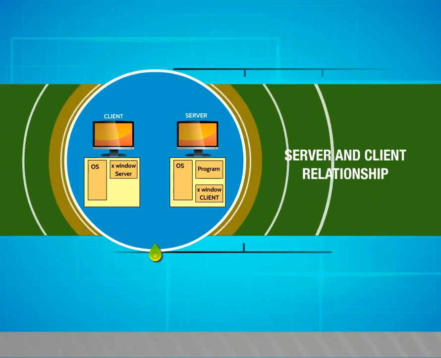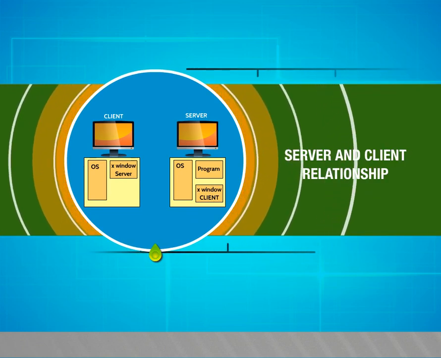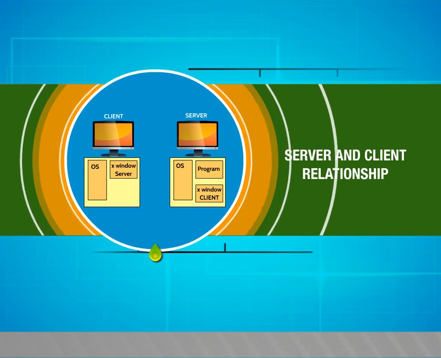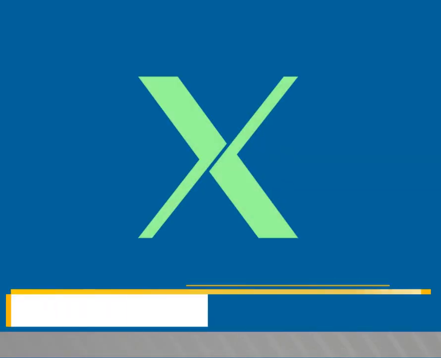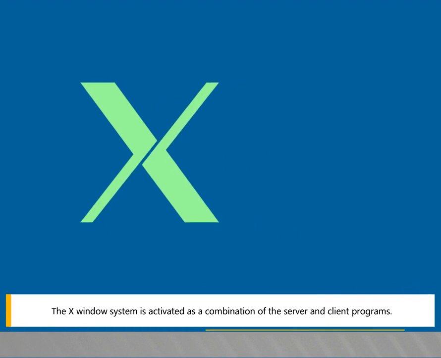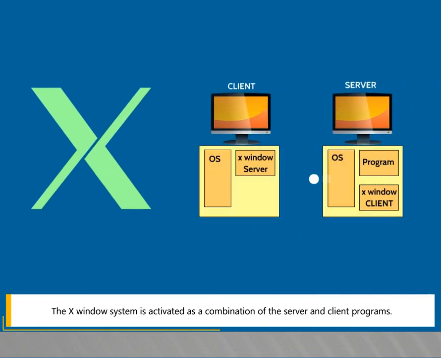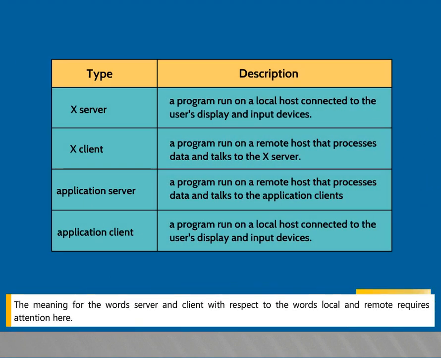Server and client relationship. In this video, we are going to see about the server and client relationship. The X Window System is implemented as a combination of server and client programs. The meaning of the words server and client with respect to the words local and remote requires attention here.